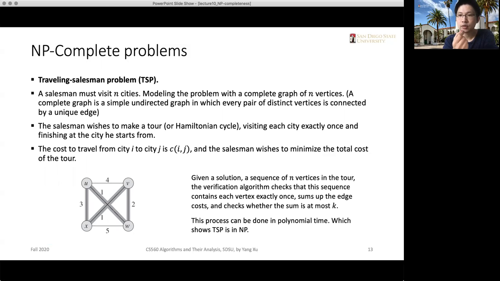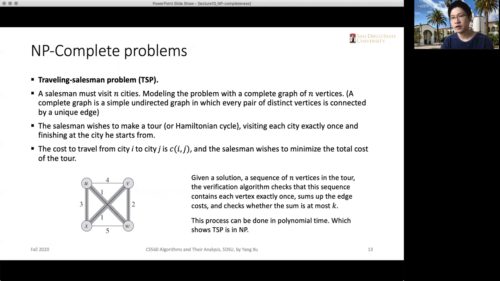So this verification is actually quite easy, right? Given the solution, we just need to go through all the vertices once to see if there are repeated elements or not, and also sum up all the edges. So it's quite an easy way to verify, okay?